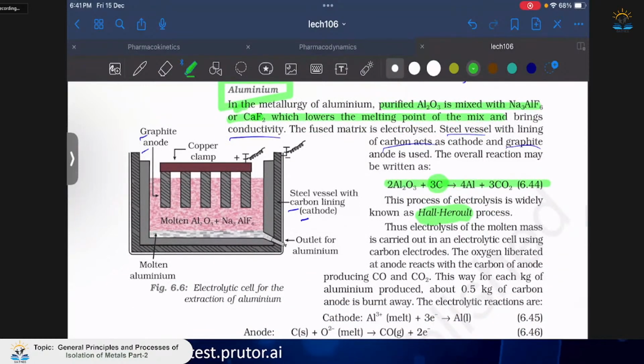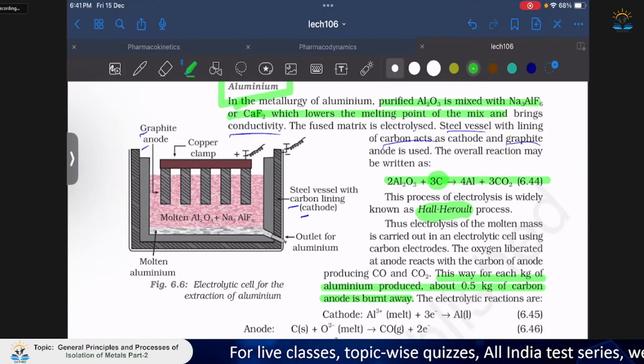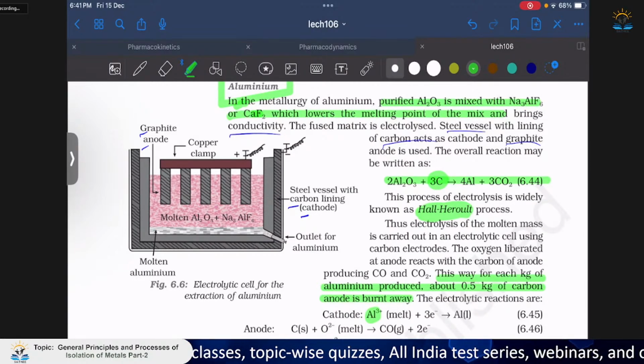So next, we have got aluminium in this process. The oxygen liberated at the anode reacts with the carbon of the anode to produce CO and CO2. This way, for each kilogram of aluminium produced, 0.5 kilogram of carbon anode is burnt away. The electrolytic reactions they have given here: at the cathode, the cations are converted to metal.